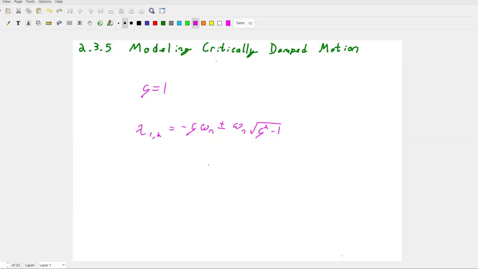So what that means is you get lambda 1 equals lambda 2, which is just equal to negative omega n.